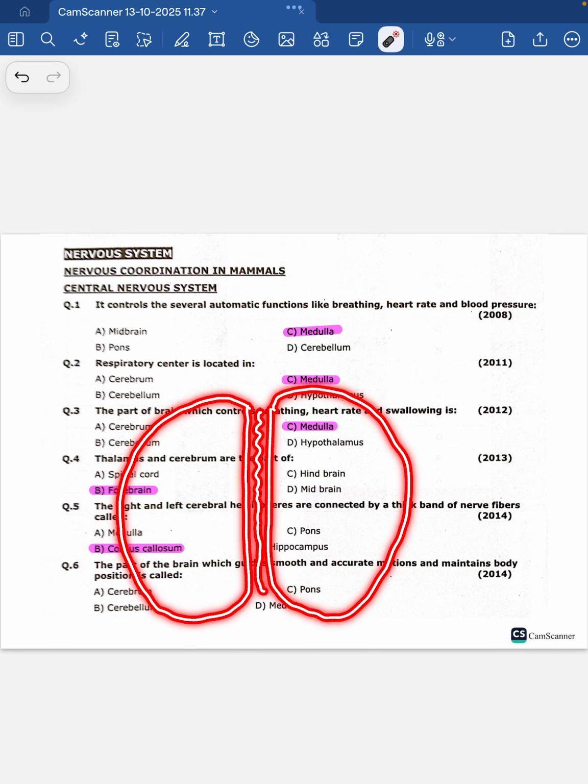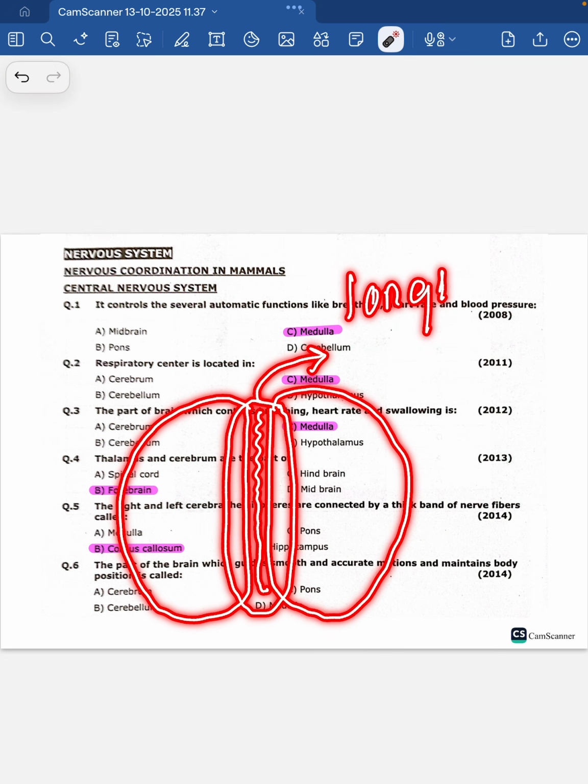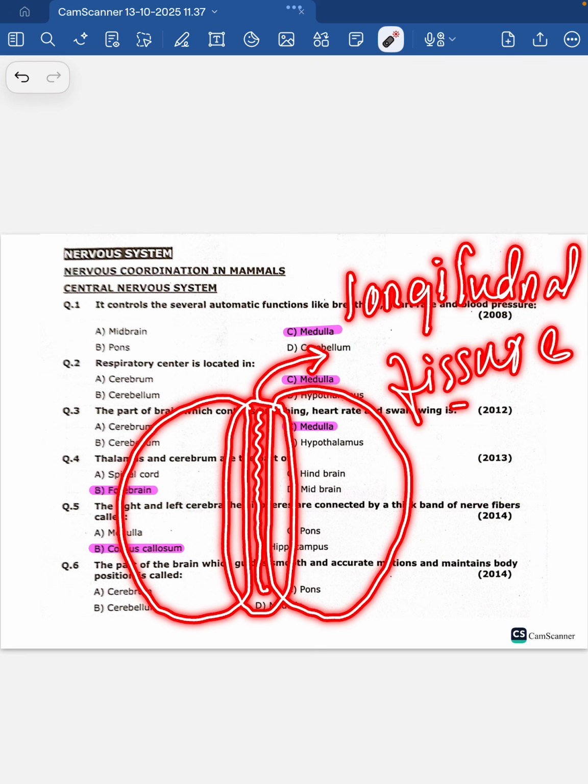This gap or this depression is separating these two cerebral hemisphere, and it is named as longitudinal fissure. Fissure means depression, longitudinal means along the length. So longitudinal fissure is responsible for the separation of these two cerebral hemisphere.